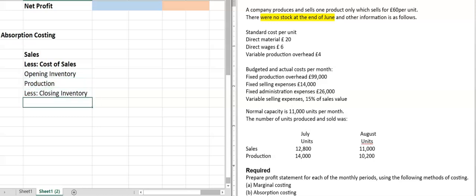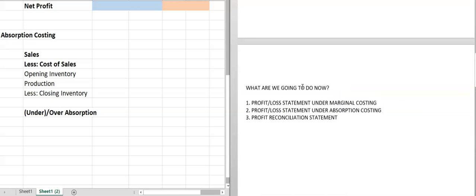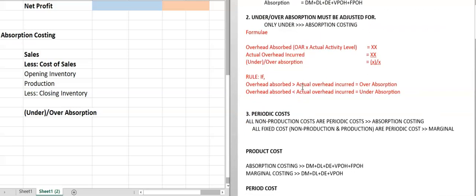Right, after that what you have to do, you have to adjust it for under or over absorption. So that is what we already mentioned here as well.